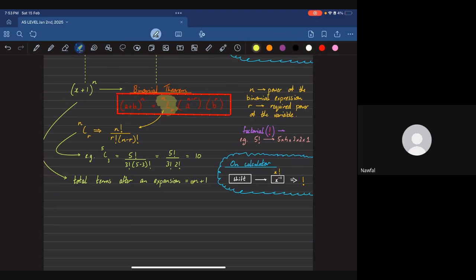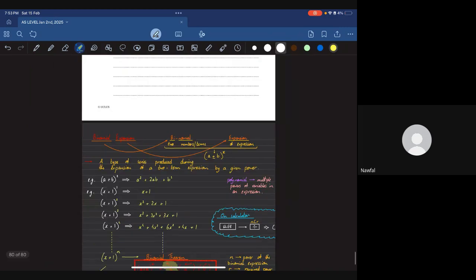All right. So the total number of terms after every expansion is equal to n plus 1. How so? You can test this theory too.